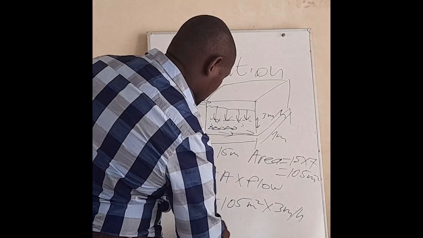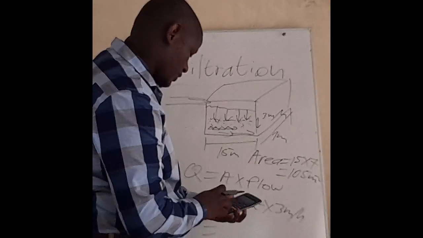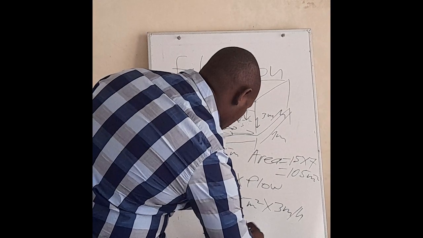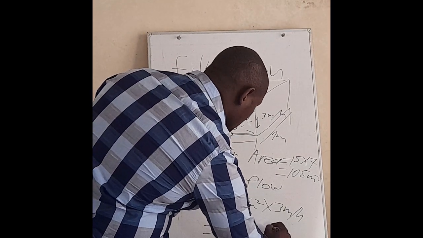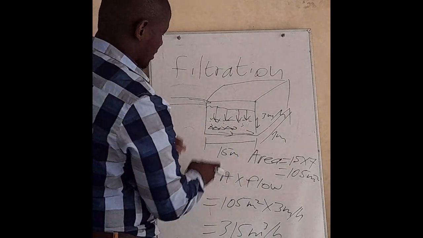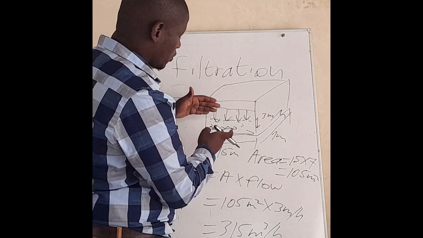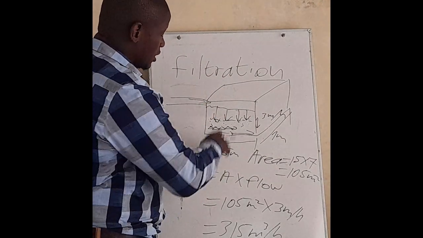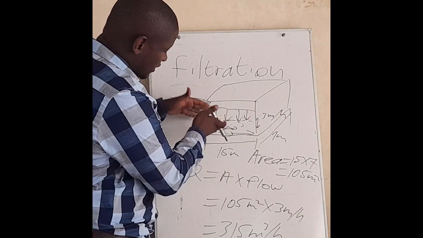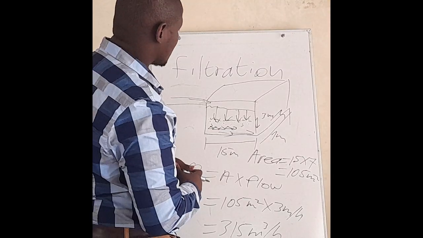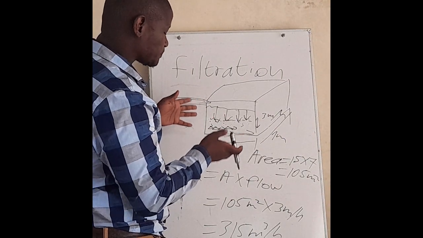So that comes to 105 multiplied by 3, which is 315 meters cubed per hour. So that's the flow rate at which this water is able to penetrate through these voids of sands and gravel and so forth. So basically that sums up our filtration.